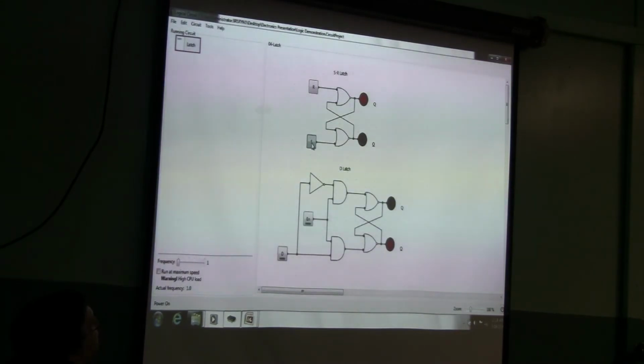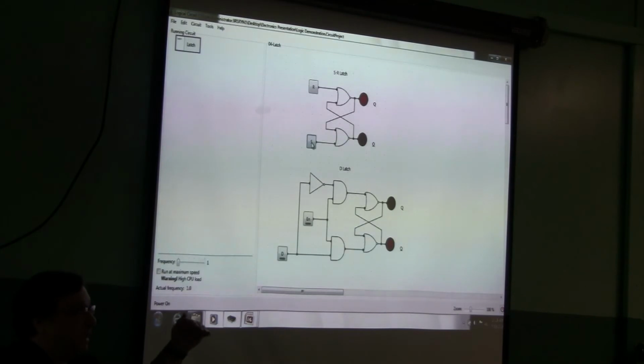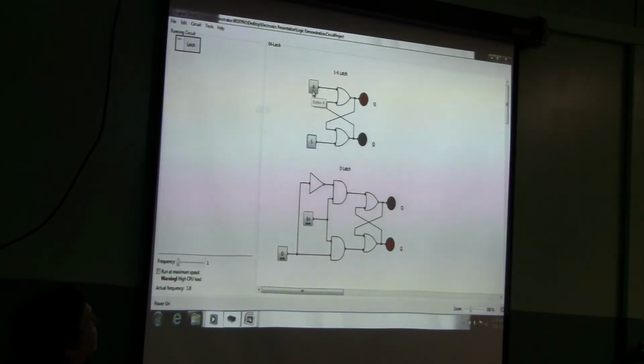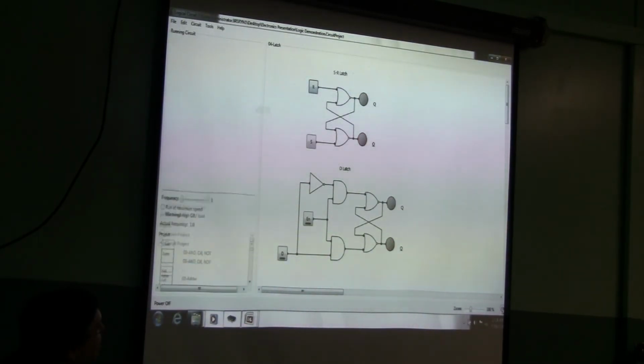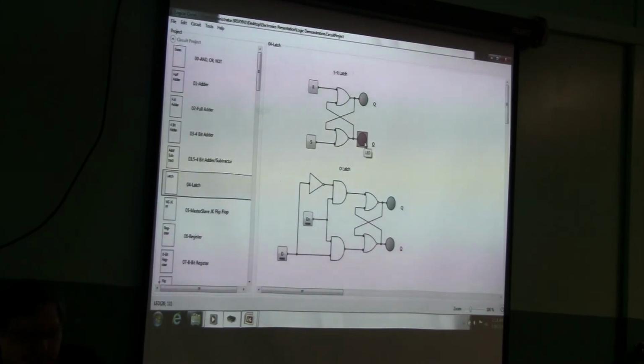If I click this input, the output's on. So I've set this bit. Let's say this is 1 bit of the number. Now, if I keep setting it, it's not going to change. Only when I hit the reset input does that go off, and then this would be the inverse. We can ignore that.